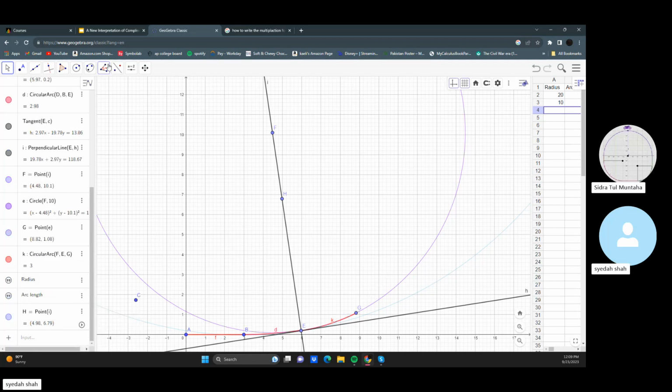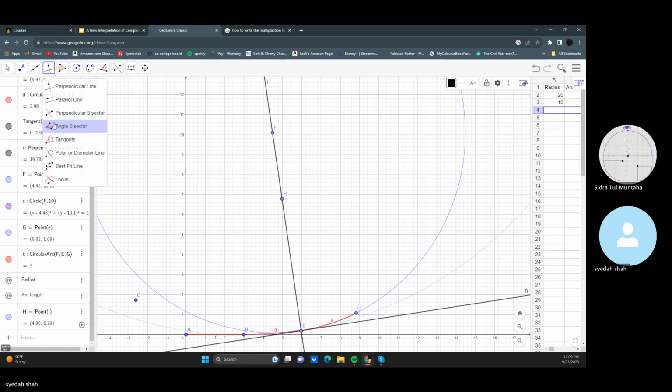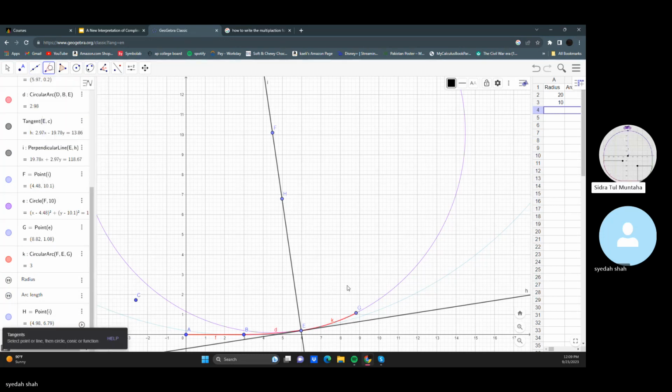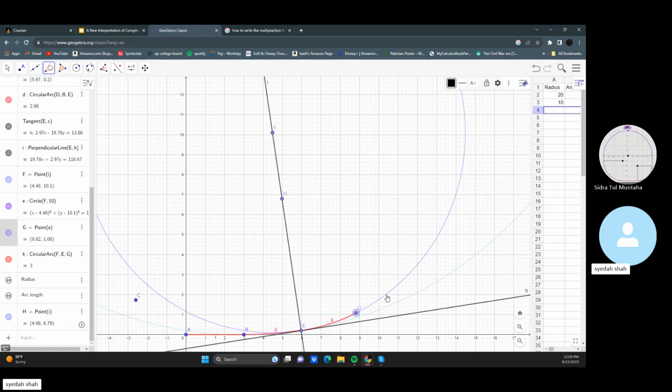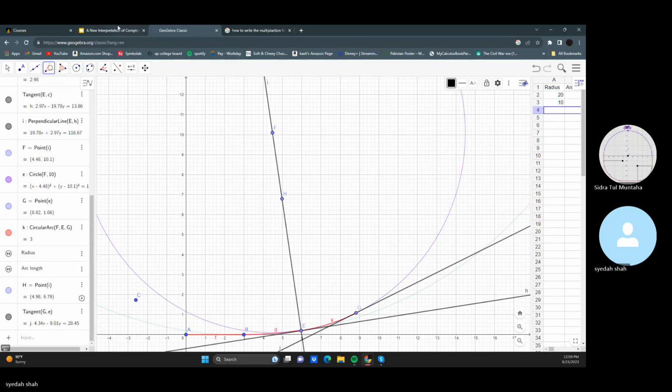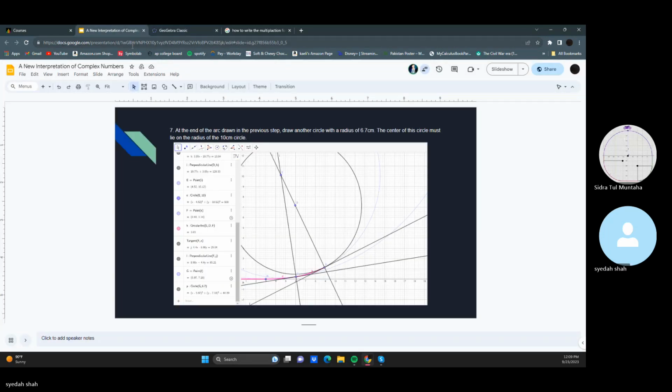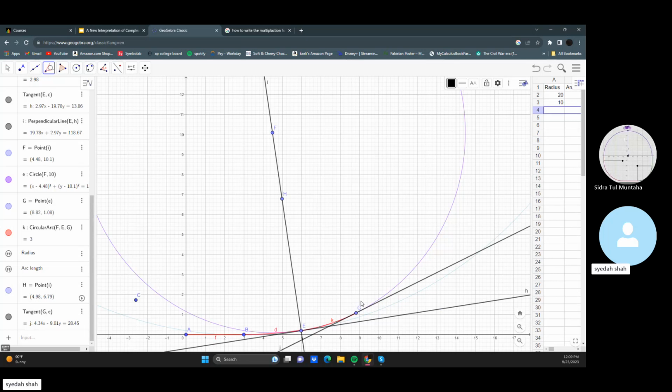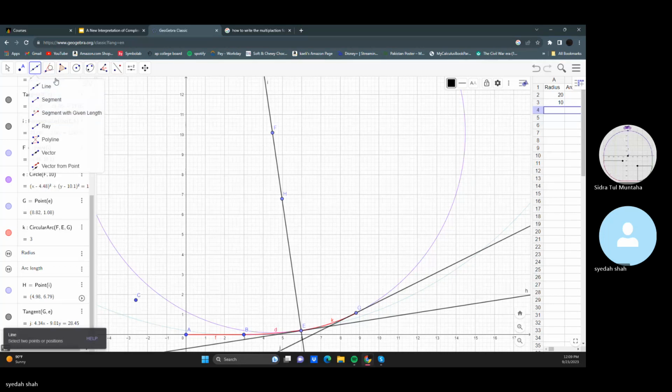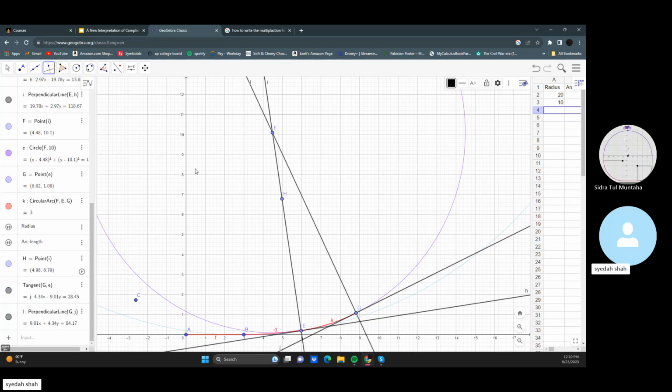So first the tangent. I drew the tangent for G. Now you have to take the perpendicular to this tangent. And then from here, I draw the radius.